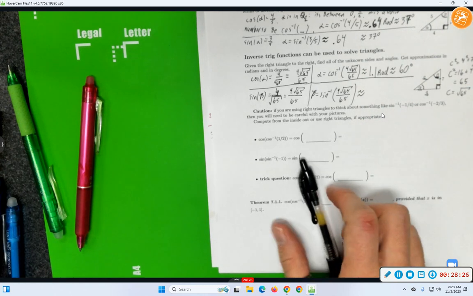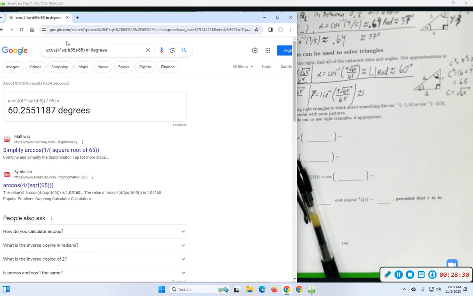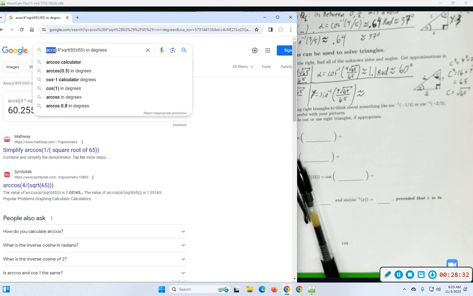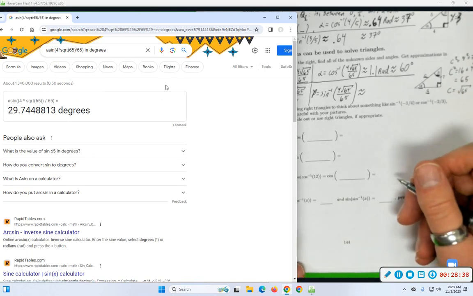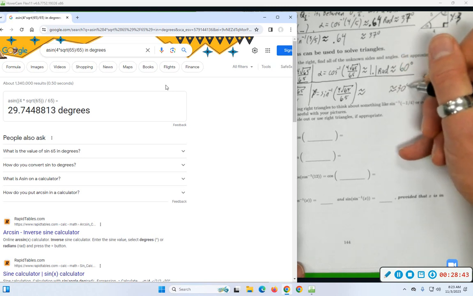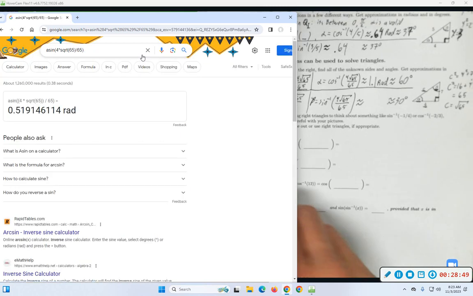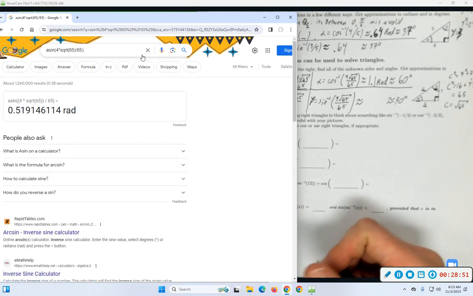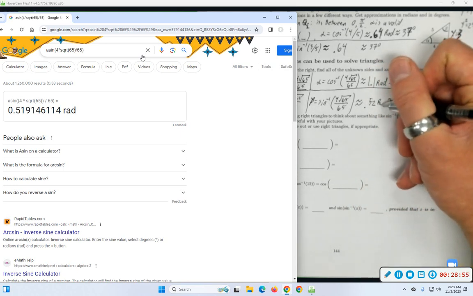And let's do the same computation. Let's see what these are about. About 30 degrees, or 0.52 radians.